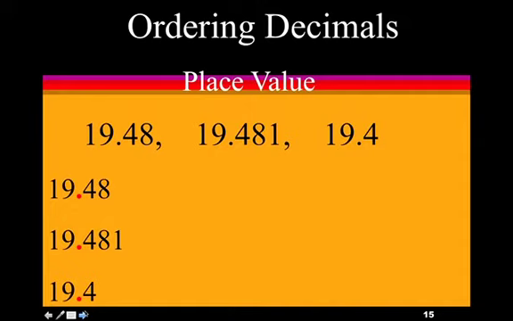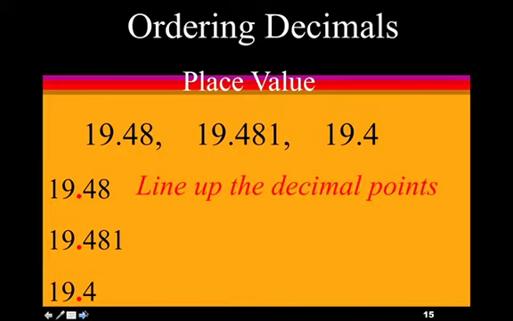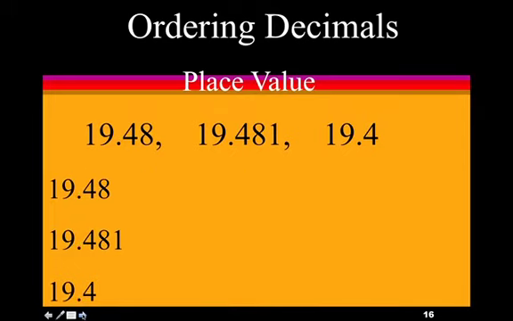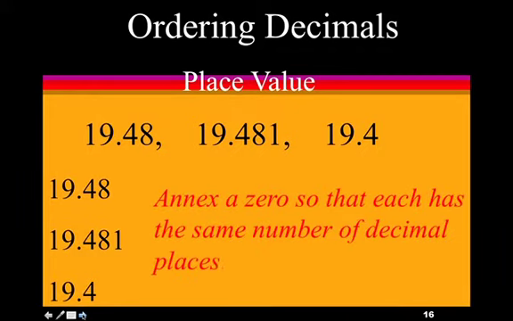Let's compare three numbers now. We have 19.48, 19.481, and 19.4. First thing I do is line up the decimal points. Then you want to annex a 0 so that each number has the same number of decimal places.